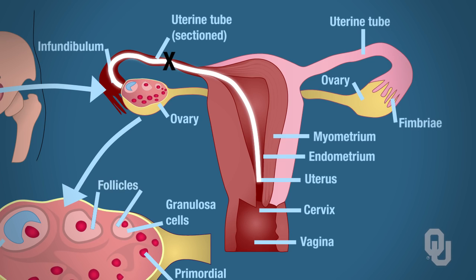If it is a fertilized egg, a zygote, it's going to be implanted into the wall of the uterus, so I'll put a Z in the wall of the uterus. If the mature ovum is not fertilized, it's going to continue to pass through the uterus, through the vagina, and out of the body.